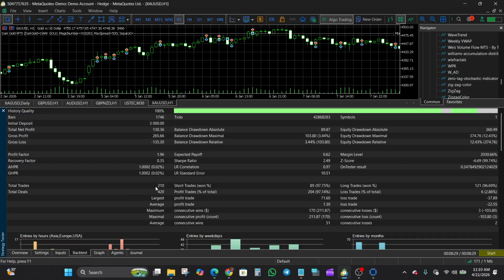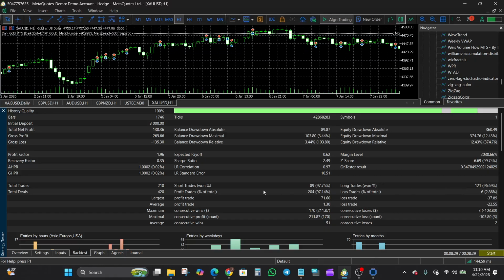Right, but during the course of the backtesting, we saw that the profit per trade was very small. Right, we can see here short trades were 89, long trades 121, 97.75% of the short trades were profitable, 96.69% of the long trades were profitable.